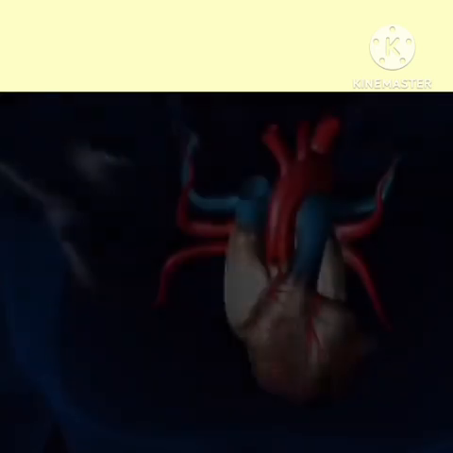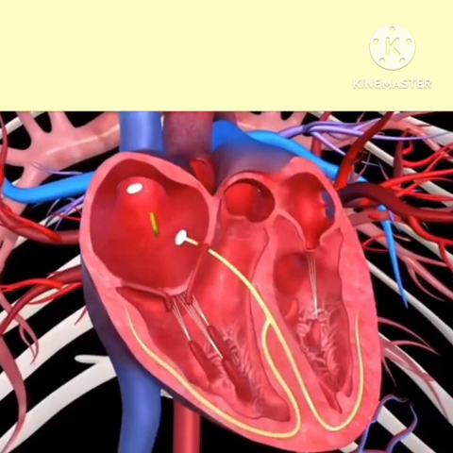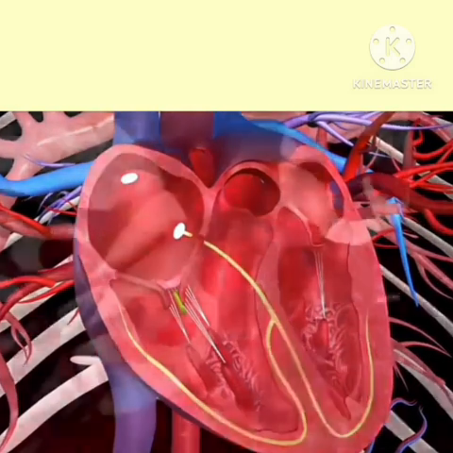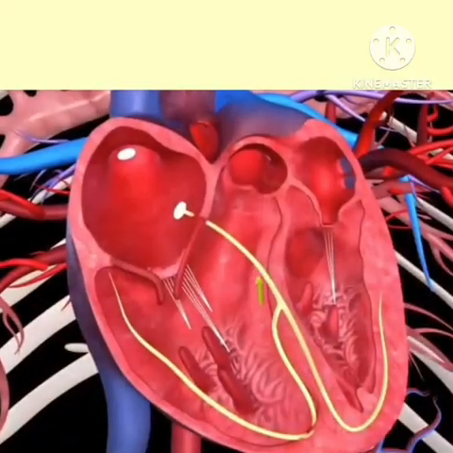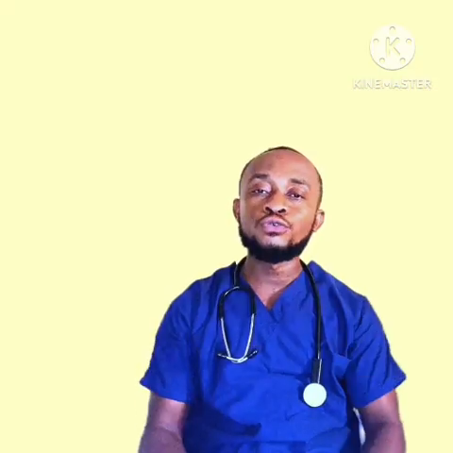Upon the heart contraction, the right atrium flows blood into the right ventricle through the valve called the tricuspid valve, and then the tricuspid valve closes.